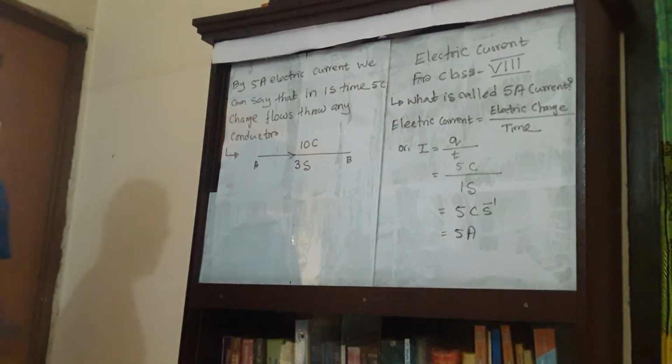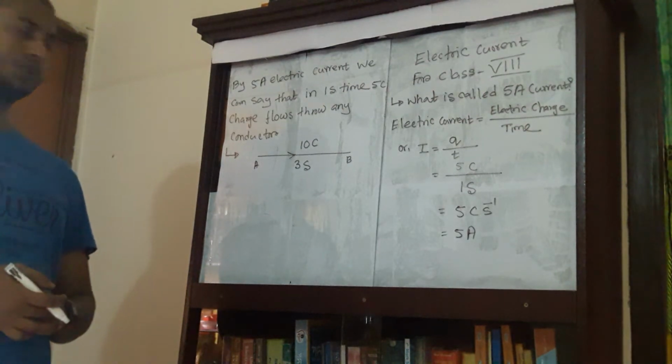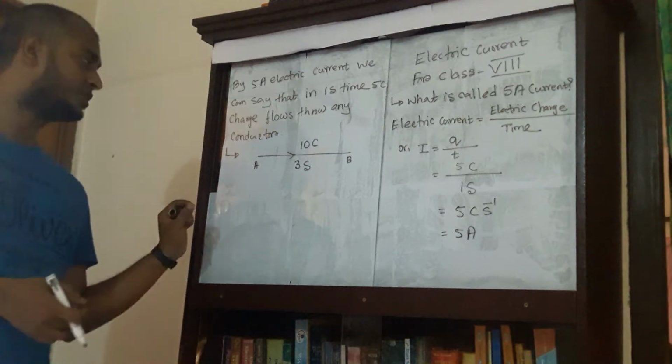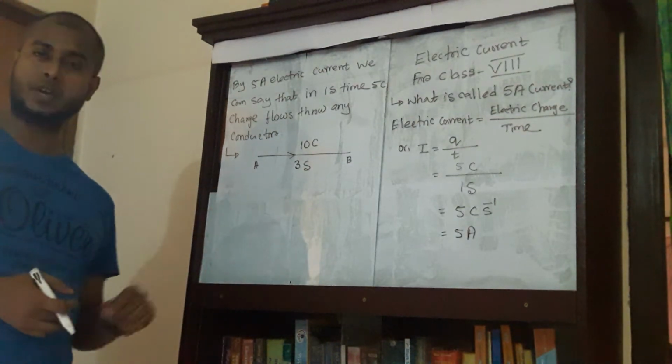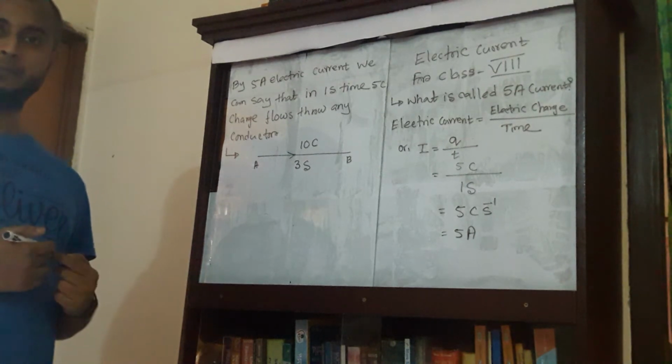This 10 coulomb charge is a positive charge, okay? And this positive charge flows in 3 seconds.